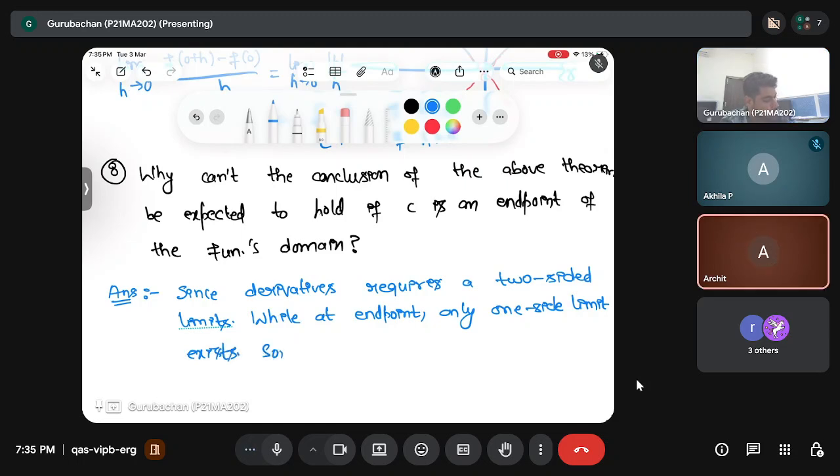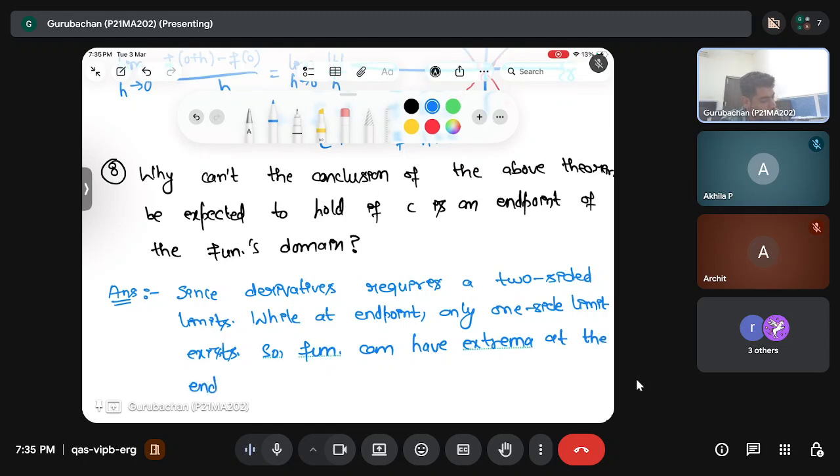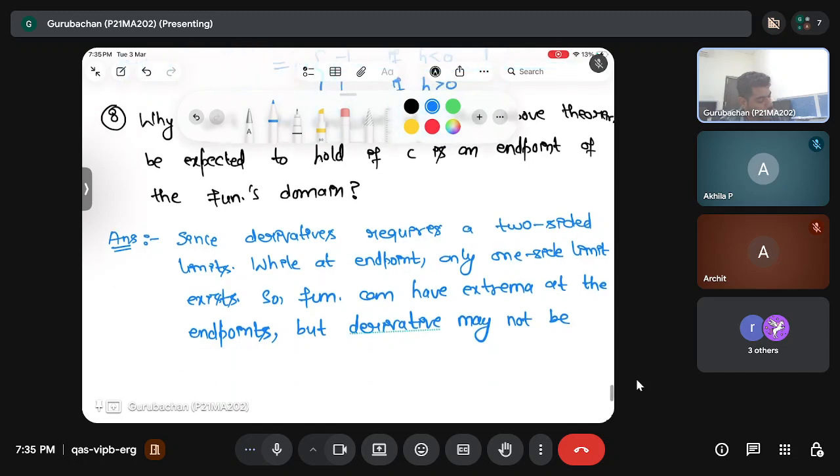Yes, sir. So a function can have extrema at the endpoints. That is why we also consider the endpoints while discussing the absolute extrema. But the derivative may not be defined there.